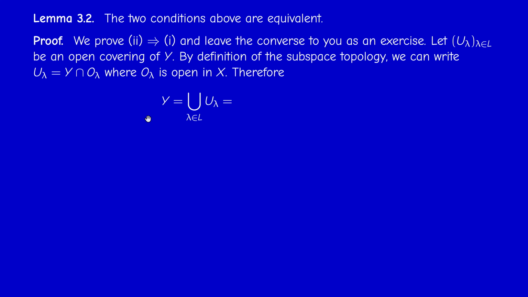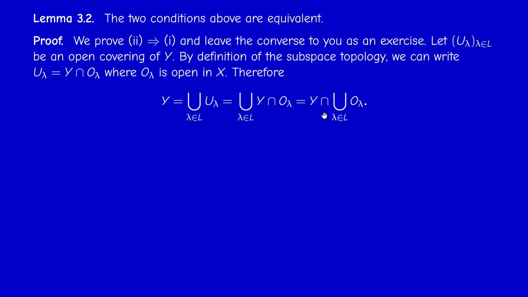So therefore, since U lambda covers Y, Y is equal to the union of the U lambda, and now I replace U lambda by its value, and by distributivity of intersection with respect to union, I can put the Y outside, so I get Y intersected with the union of O lambda. And now, from set theory, this means that Y is contained in the union of O lambda.